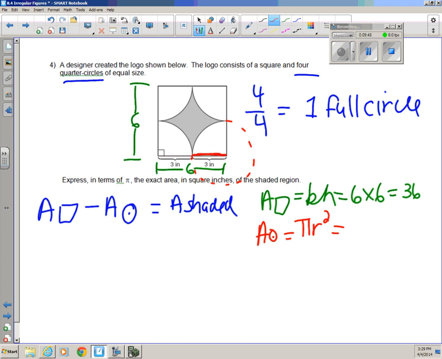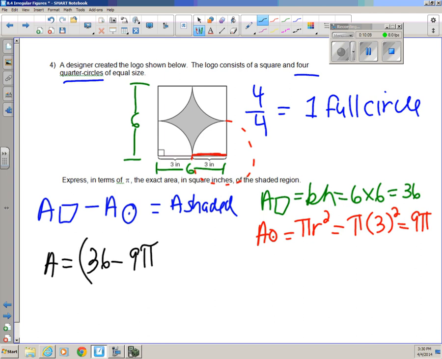If I were to complete that circle, this becomes pi 3 squared, which is 9 pi. It doesn't want you to round anything, right? So the area of the shaded region equals square minus circle, and that whole thing is inches squared.